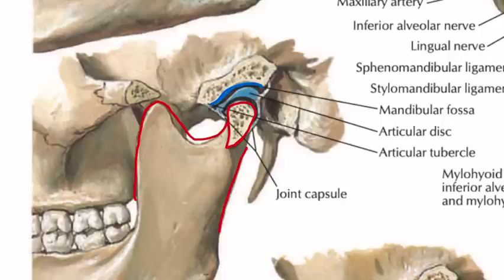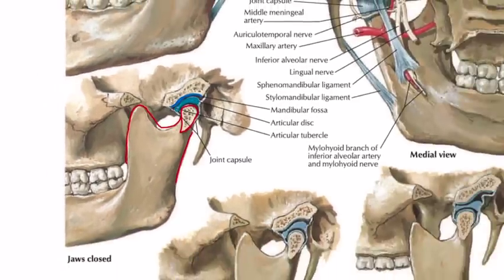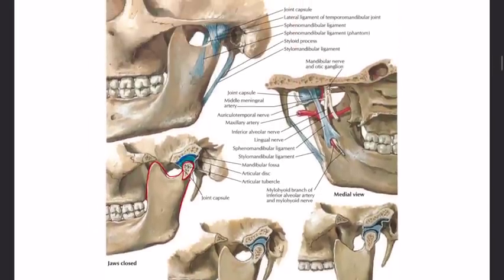In between, you have two things: the articular disc and the articular tubercle. So these are the four structures that form the temporomandibular joint. You have lots of capsules and so on, but this is what you need to remember.